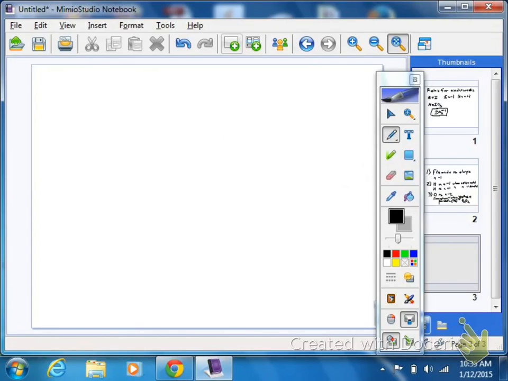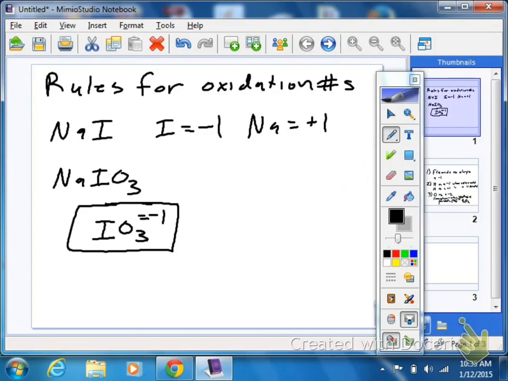I'm going to give you, we'll go back to this example here and find out iodine's true charge in this example when it's placed with oxygen here in this way. So we know that IO3 needs to equal -1. We know oxygen is going to be a -2 because it's not a peroxide. And we have 3 of them, -6. So iodine has to be what oxidation state? +1.